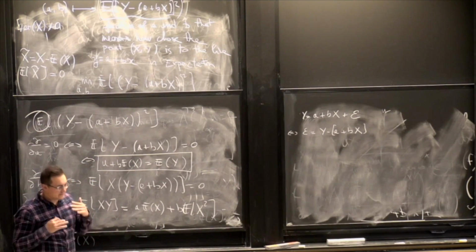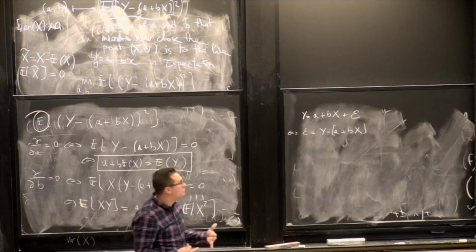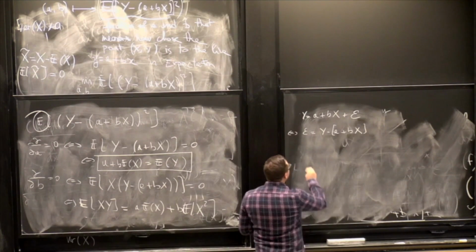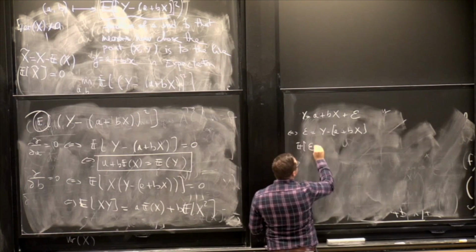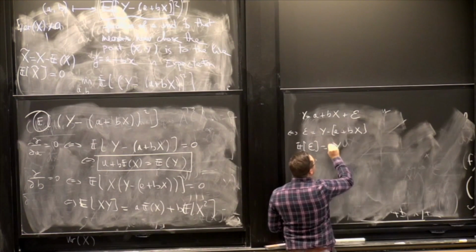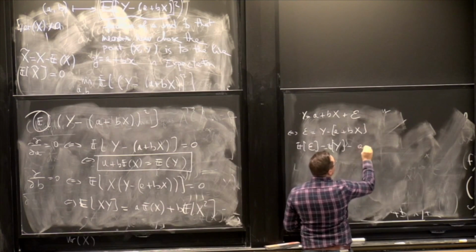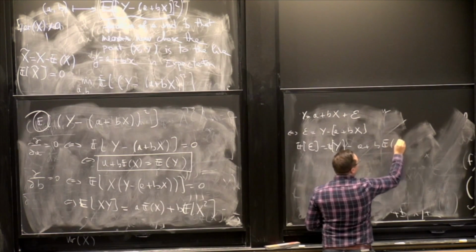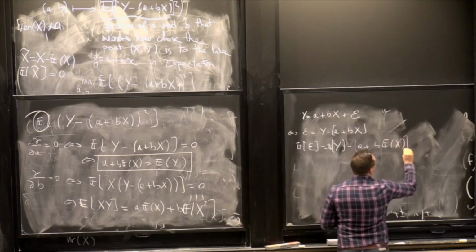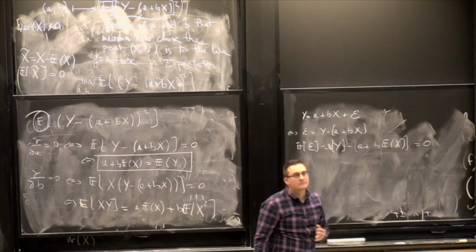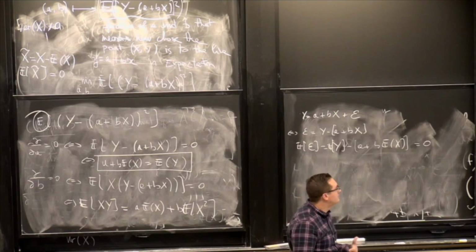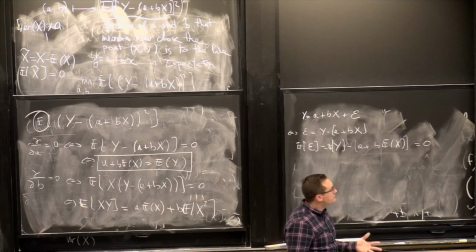Those ones that satisfy this gradient equal to 0 condition. Then what we had is that the expectation of epsilon was equal to the expectation of y minus (a plus b times the expectation of x), by linearity of the expectation, which was equal to 0. So for this best fit, we have 0.